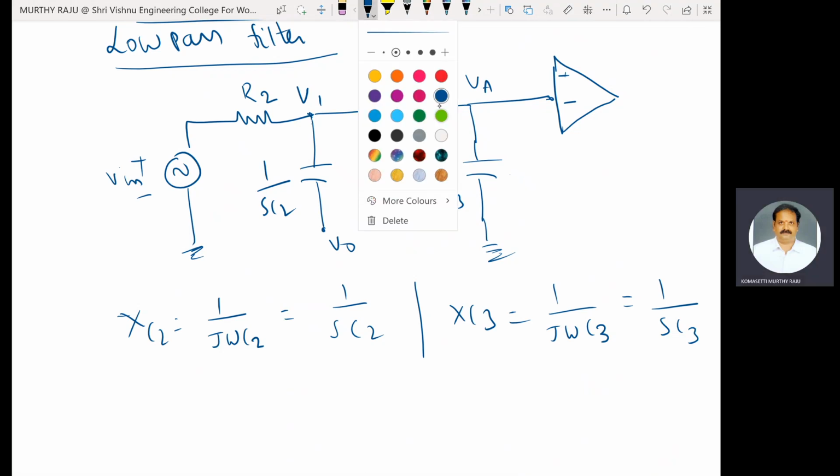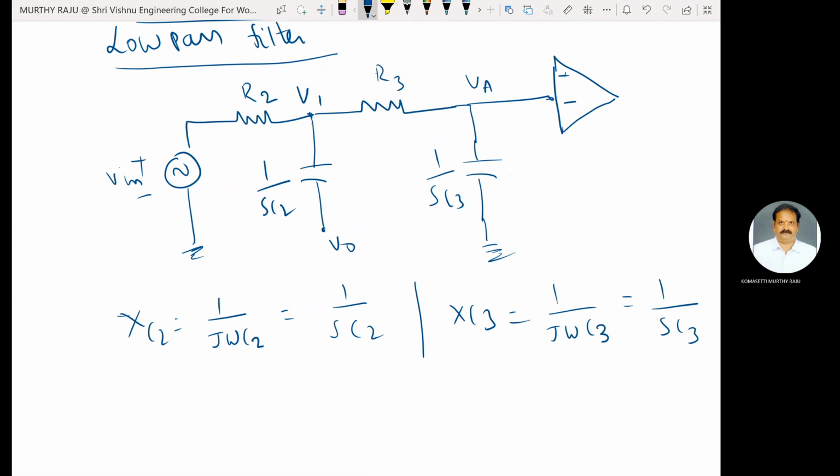Now apply nodal analysis at point V1 and VA, and calculate the frequency gain, output voltage by input voltage, V0 by Vin, and then calculate the transfer function. Compare this transfer function with the original transfer function.